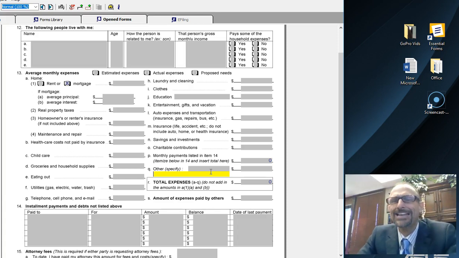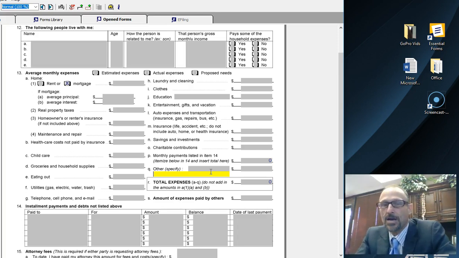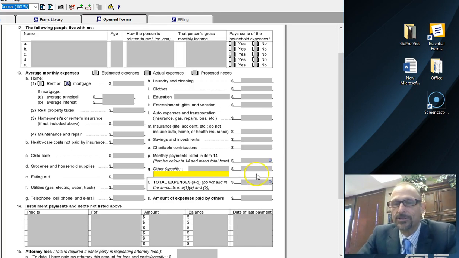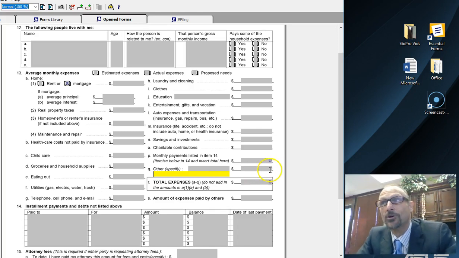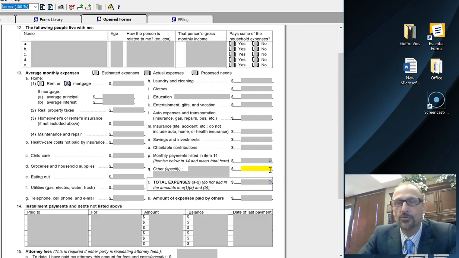If anything else, you've got other. If you need extra space, you can go to that extra piece of paper that you had, and you can put another line that says 13Q continued. And then put the total, whatever that total may be, off to the right there.